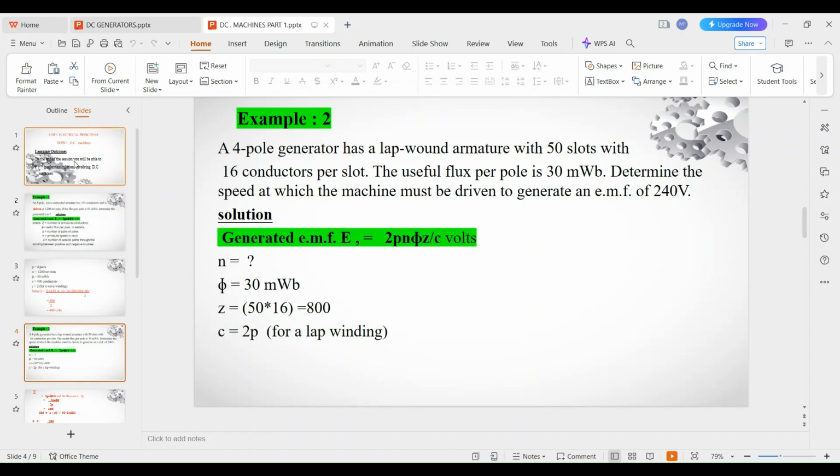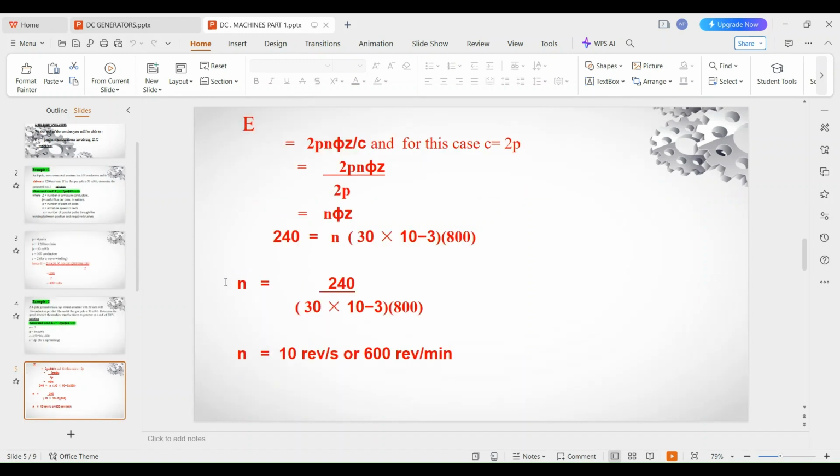Is that clear? So let's look at the solution for that. E will be given by the formula 2PN phi Z divided by C. And we have said that for this case it is a lap wound, then C will be equal to 2P.